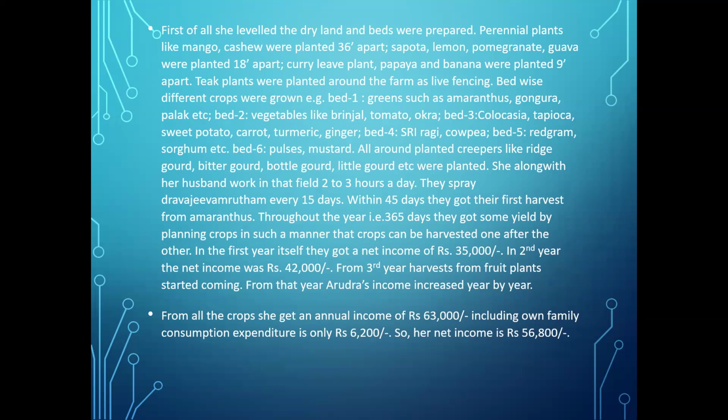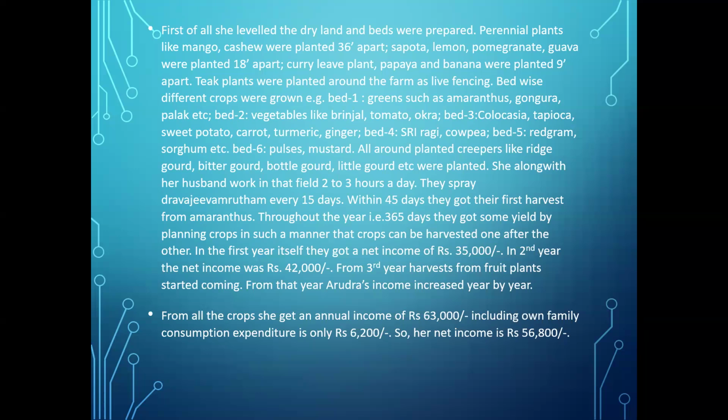Perennial plants like mango and cashew were planted 36 feet apart. Sapota, lemon, pomegranate, and guava were planted 18 feet apart. Curry leaf, papaya and banana were planted 9 feet apart. Teak plants were planted around the farm as live fencing.